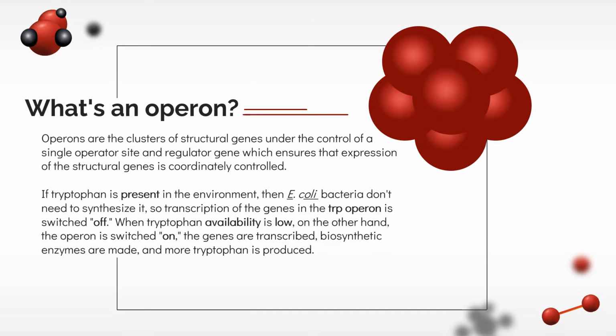For example, if tryptophan is present in an adequate amount in the environment, then the bacteria don't need to synthesize it, so the transcription of the genes in the trp operon is switched off. But if the amount of tryptophan in the surroundings is lower than the required amount, the operon is switched on and the genes are transcribed, biosynthetic enzymes are made, and more tryptophan is produced by the bacteria.